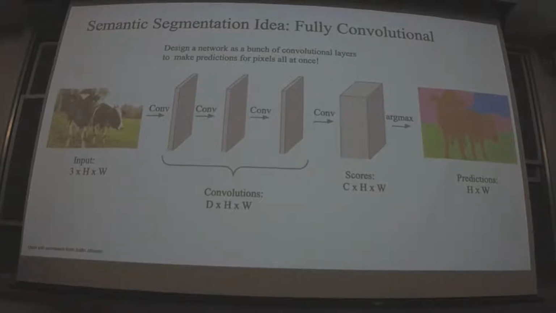So this is the basic idea. There's only one small problem. Anybody see it? One of the reasons why we were reducing the spatial extent of the images is that this becomes really expensive. The convolutional operation is quite expensive on large spatially extended feature maps.